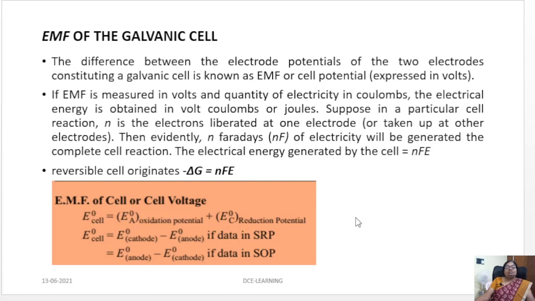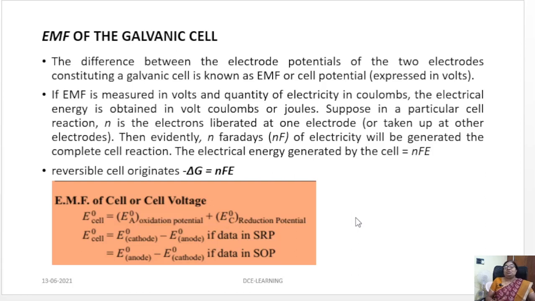The flow of current in the galvanic cell is spontaneous due to the tendency of an electrode to gain or lose electrons. Each electrode has a different tendency to undergo oxidation or reduction, and based on that the cell has a negative or positive EMF.